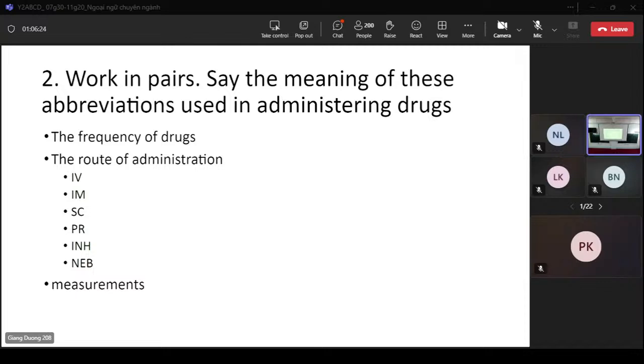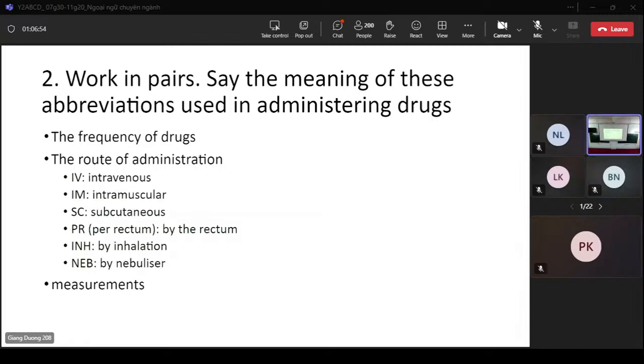And IM, intra, mus for muscle, adjective muscular, intramuscular. Tim gì đấy? Tim bắp. Kia là tim tĩnh mạch. Đi vào đường tĩnh mạch, đường tĩnh mạch, bằng đường miệng. Ví dụ như là hồi nãy là by mouth, PO by mouth, được chưa?